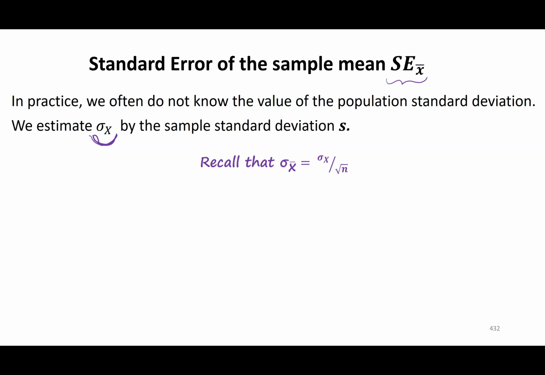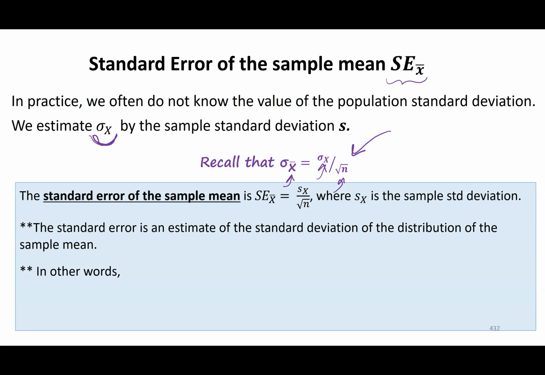So recall, if I wanted to find the standard deviation for the sampling distribution of x bar, it's sigma of x over root n. However, if I want the standard error of the sample mean, notice now it's an S instead of sigma.